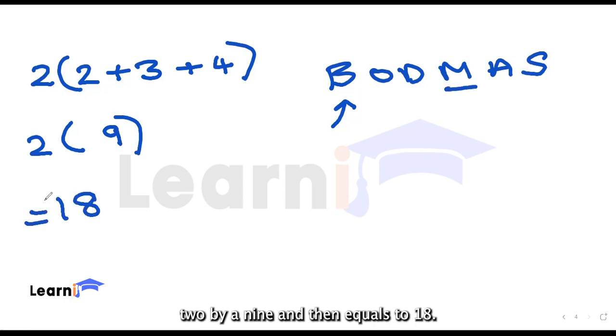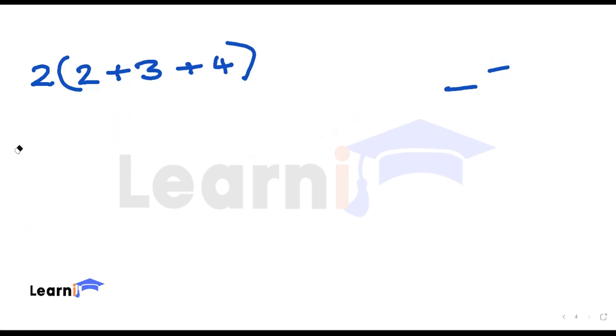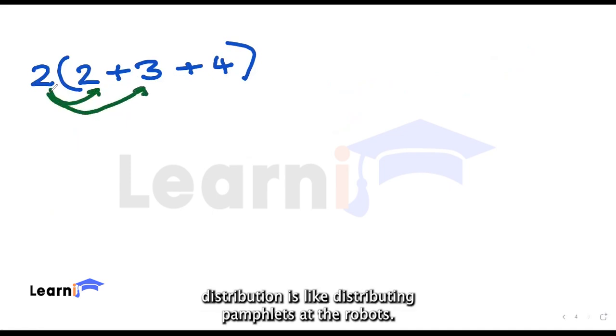Now let's apply the distributive law to this question and see if we end up with 18. So let's distribute or hand out this 2. Okay, distribution is like distributing pamphlets at the robots.